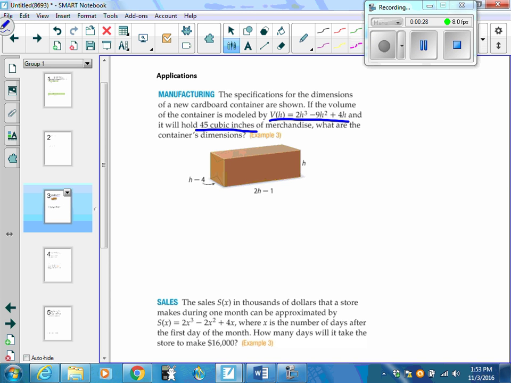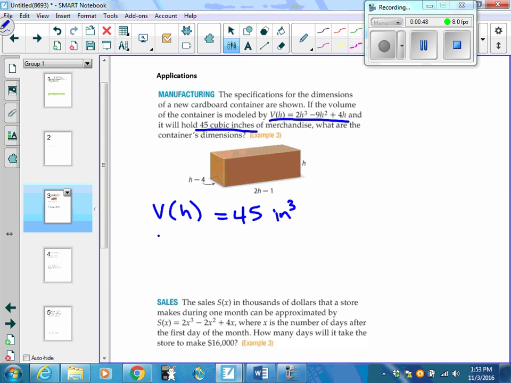So actually, these are pretty easy. Our function is basically our formula for the volume of this box, and it tells us what that volume equals. We know that the volume of the box is 45 cubic inches because that's how much merchandise it can hold.